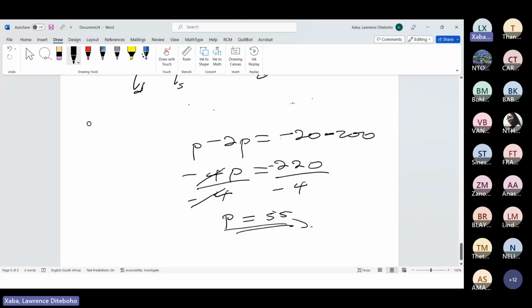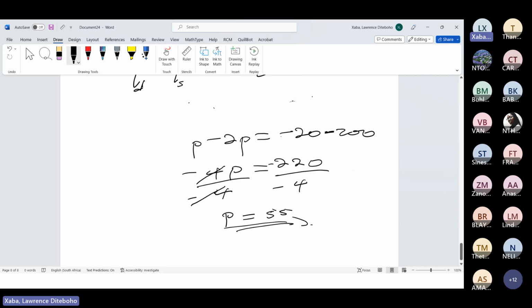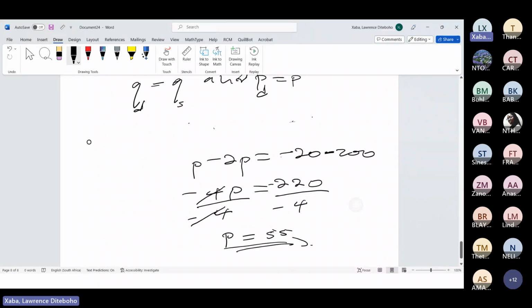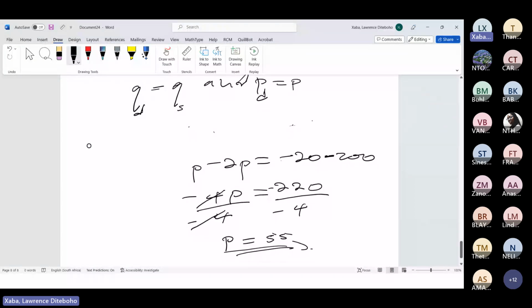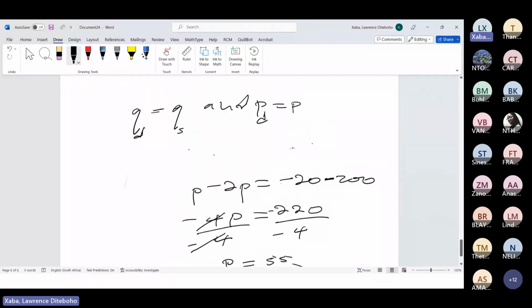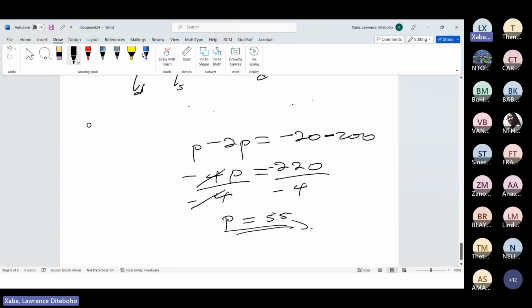But now there's something that is a bit confusing me here. We got the value, but looking at how they've done the calculation, if we equate these two, it gives us a price.